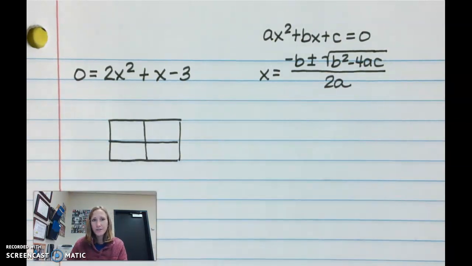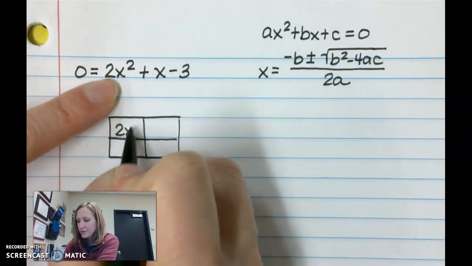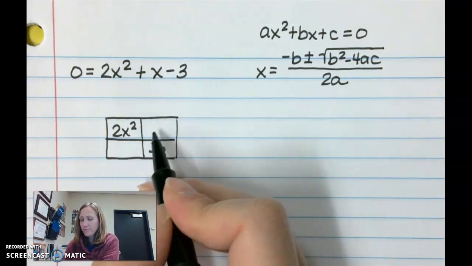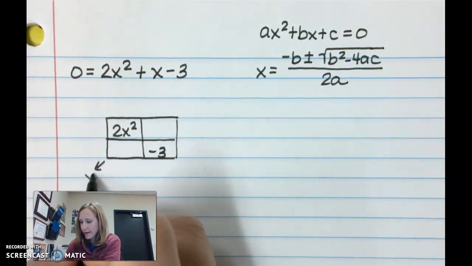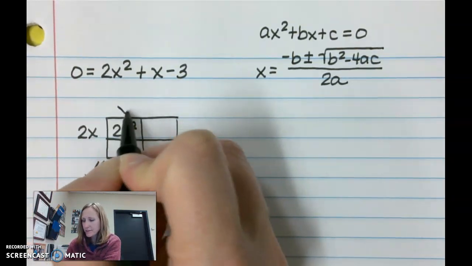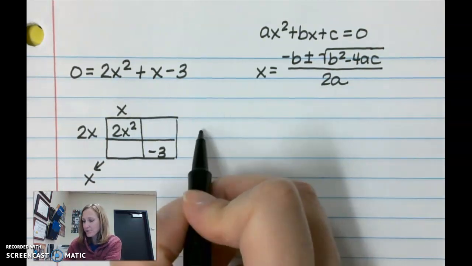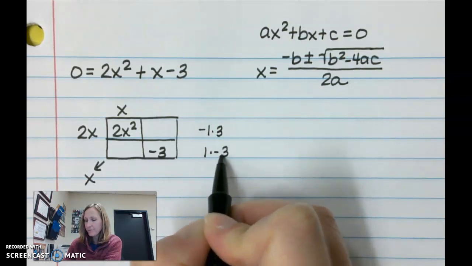So quick review here, if I'm going to solve this by factoring, I need this first term to be 2x squared, I need the constant to be negative 3, and I need the middle two terms here to combine to give me 1x. So to get 2x squared, I need to multiply 2x times x. To get negative 3, numbers that have a product of negative 3 would be negative 1 and 3, or positive 1 and negative 3.